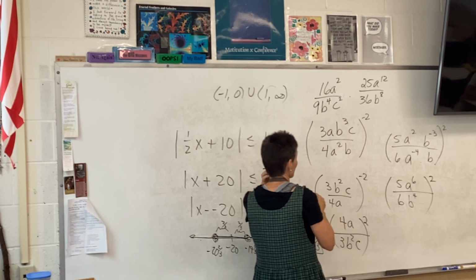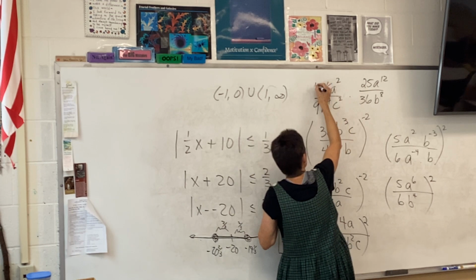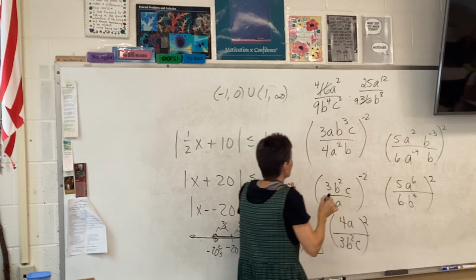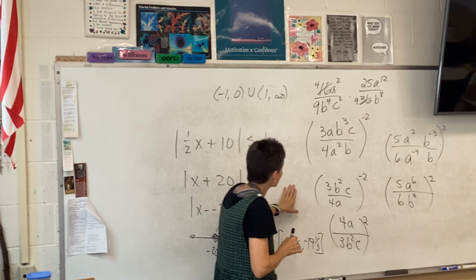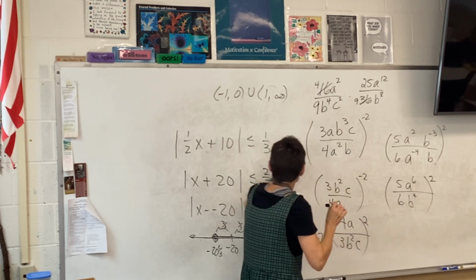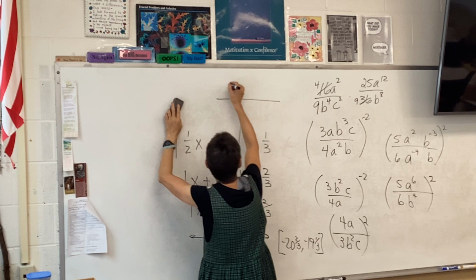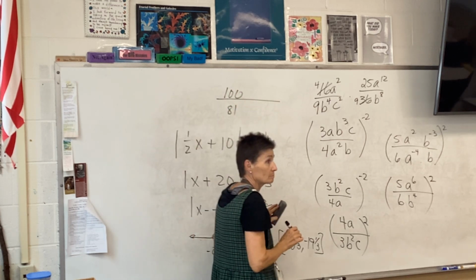So I think I'm gonna try to reduce that a little bit. I can take a 4 out of 16 and a 4 out of 36. Does that seem reasonable? And I think that's all I can do with the numbers. So I'm gonna have on the top, 100, and on the bottom, 81.